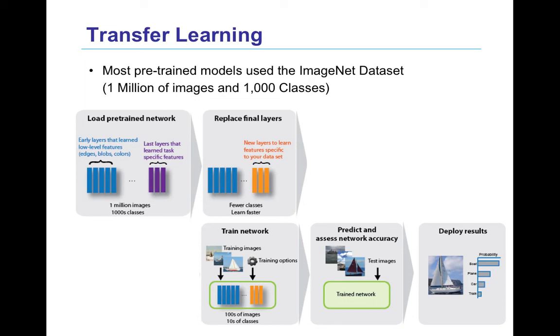You load the pre-trained network. Notice that I don't say it's a specific network, so it could be any network. It could be LeNet, AlexNet, or any one of the VGGNets. Generally what people do is get a network that was trained on those big datasets like CIFAR with 1 million images and 1,000 classes.